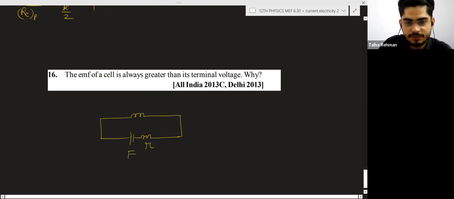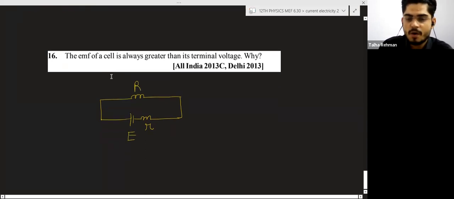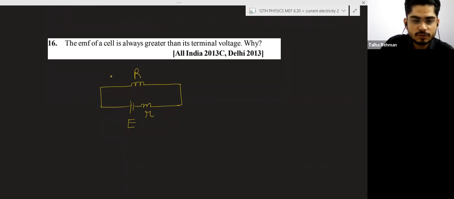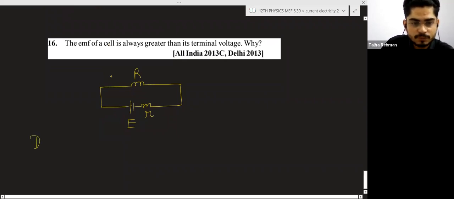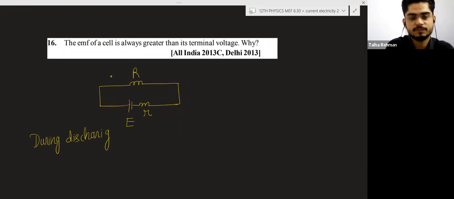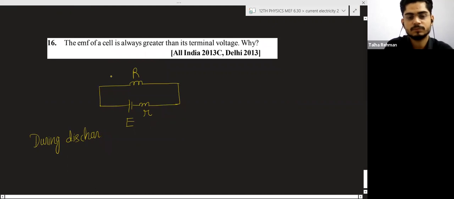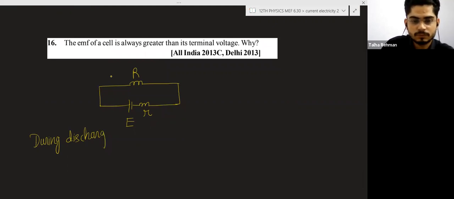This is the EMF E of the cell, and this is the resistance R. What I have told you, during discharging, when the cell discharges, the direction of current is from positive terminal to negative terminal.